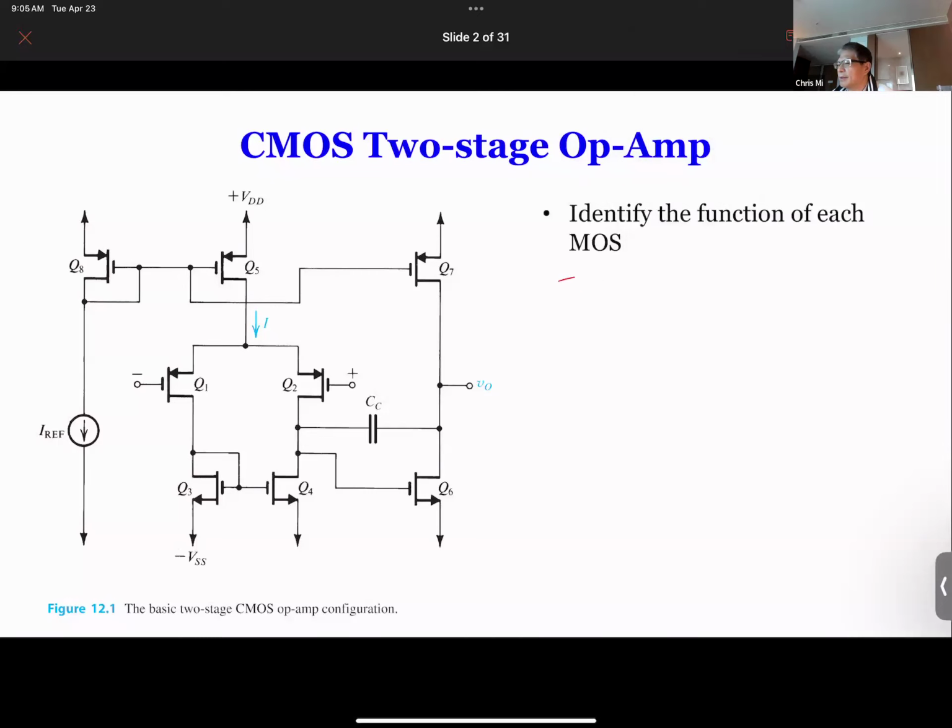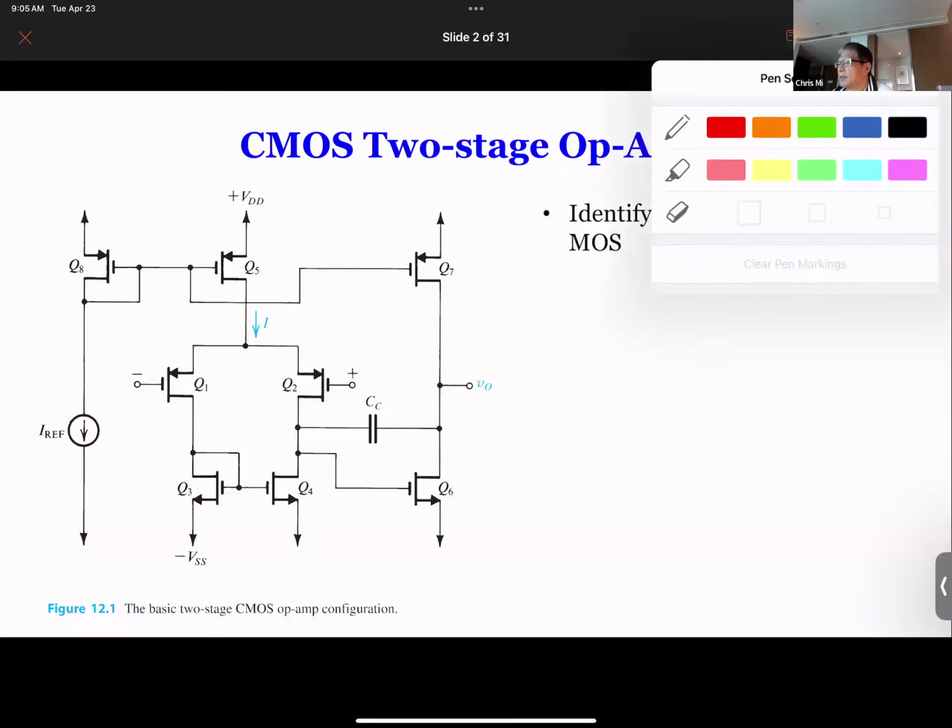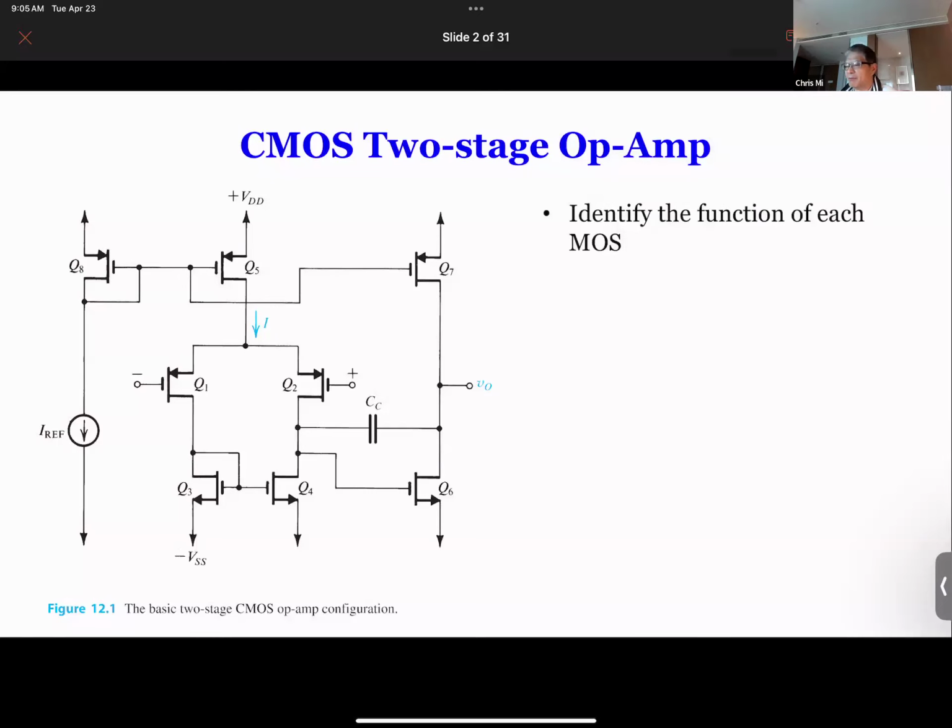So the unique aspect of this amplifier is that it is a 2-stage. Now, we want to discover the stages. If you look at the circuit, where it marks the input minus, that's your input, VI minus, and this is VI plus.